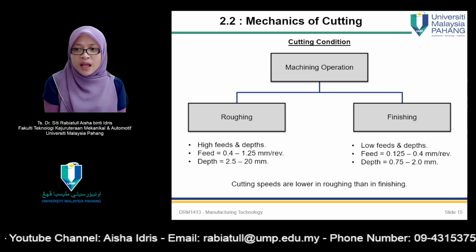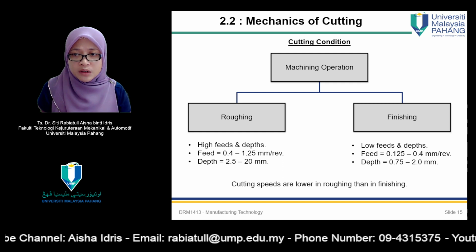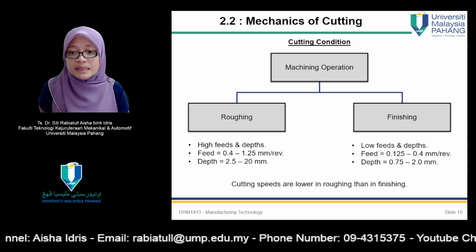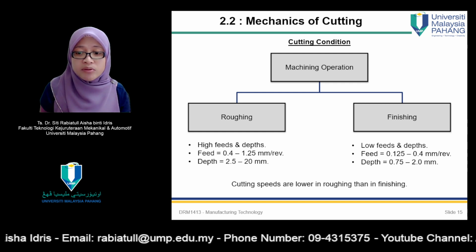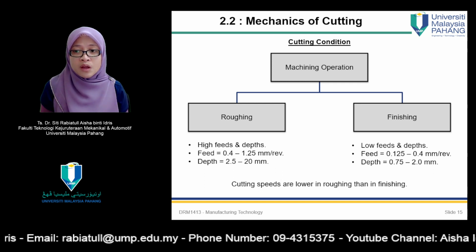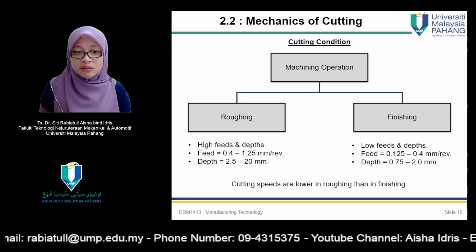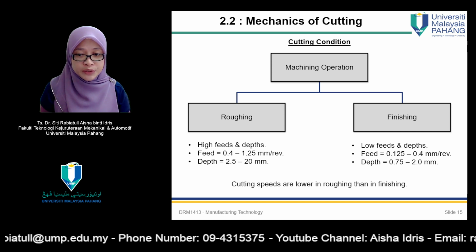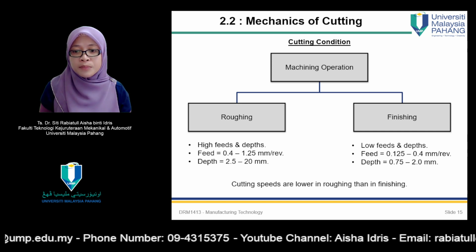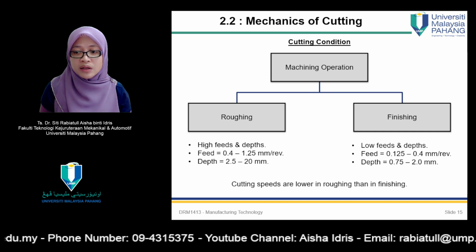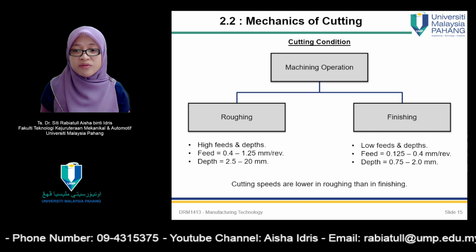As for the cutting conditions, in summary, a machining operation includes roughing and finishing. However, cutting speed for roughing is actually lower than finishing.